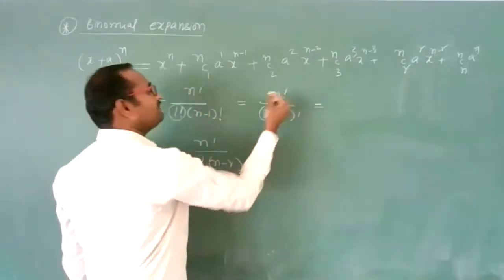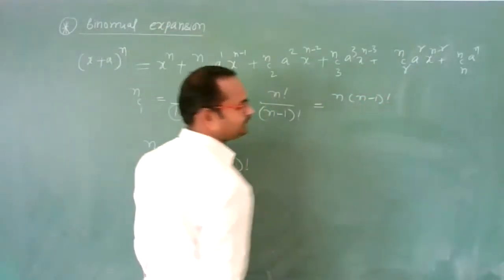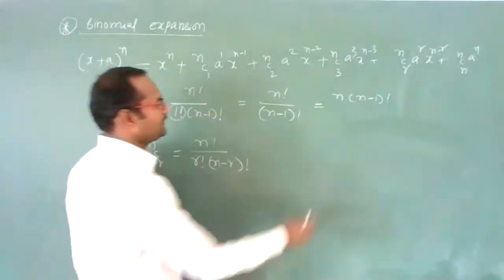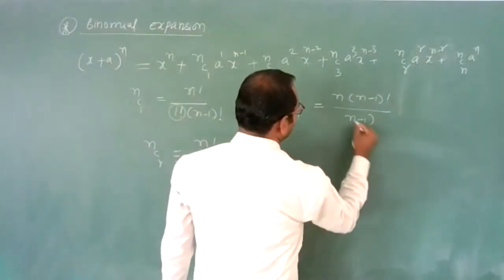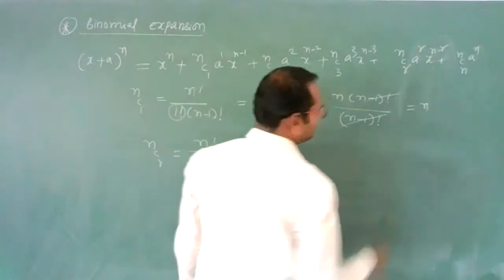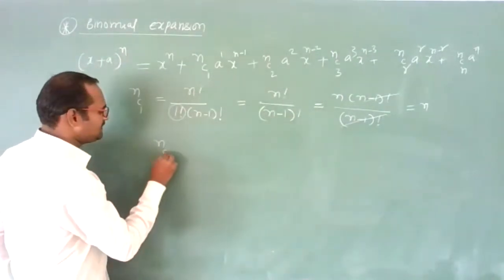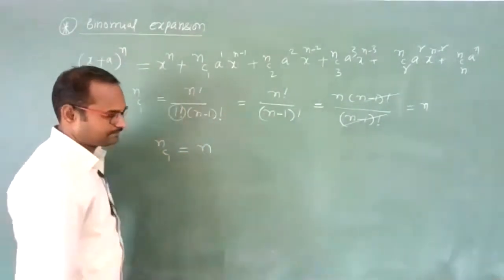And n factorial can be written as n into n minus 1 factorial, divided by n minus 1 factorial. This gets cancelled and you will get n. So simply remember, always nC1 value is n only.